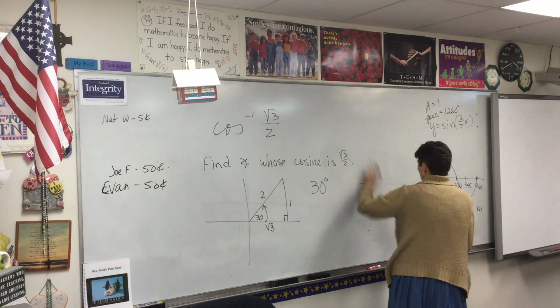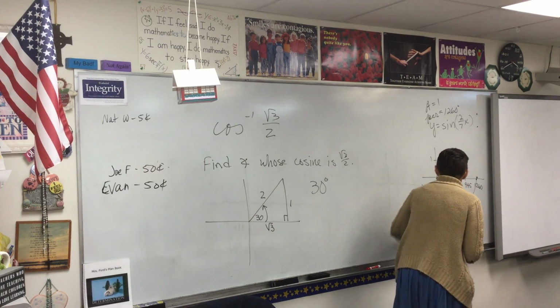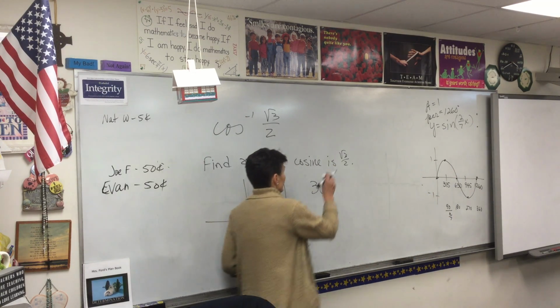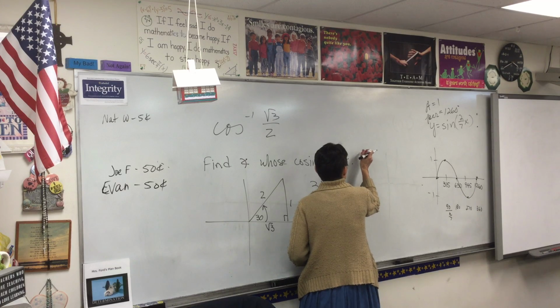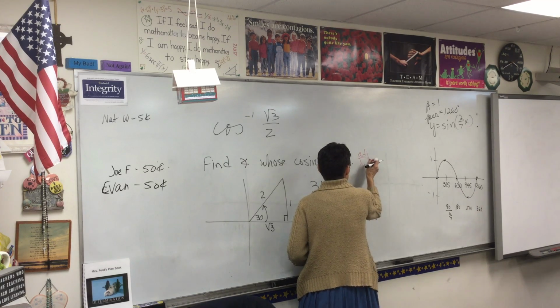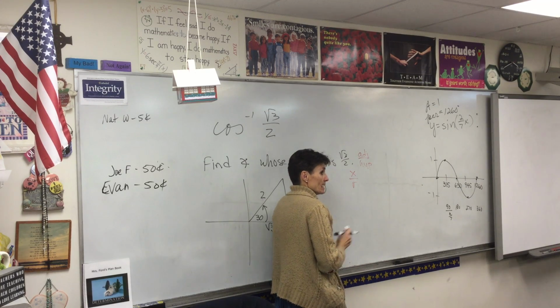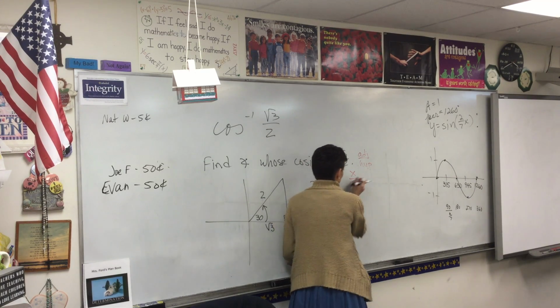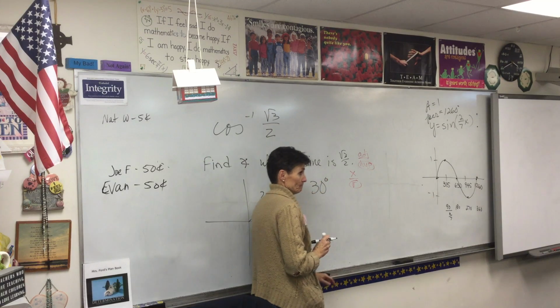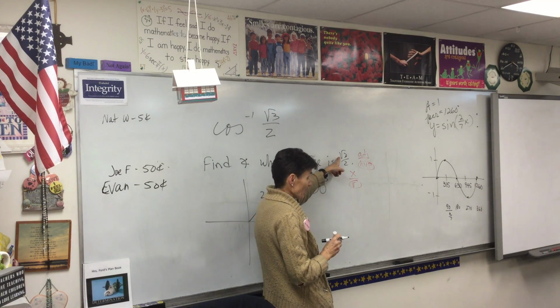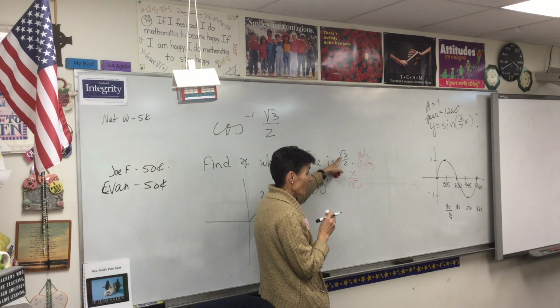Very good, Jalen. Now, I need everybody tuned in. Jalen remembers that cosine is adjacent over hypotenuse, or x over r. Either way you do it, these are positive, right? So, if I want that to be positive, x has to be positive.